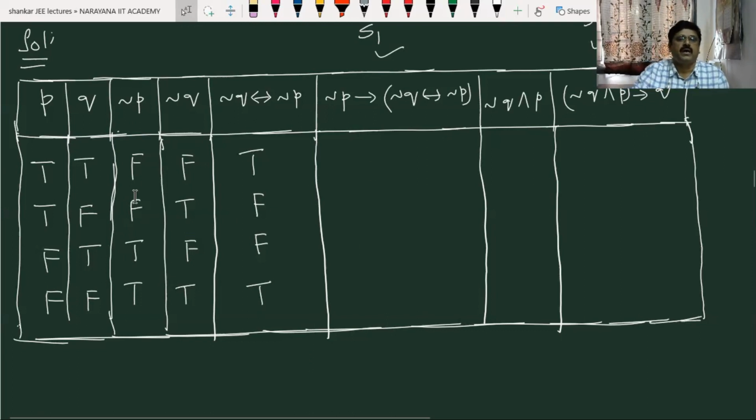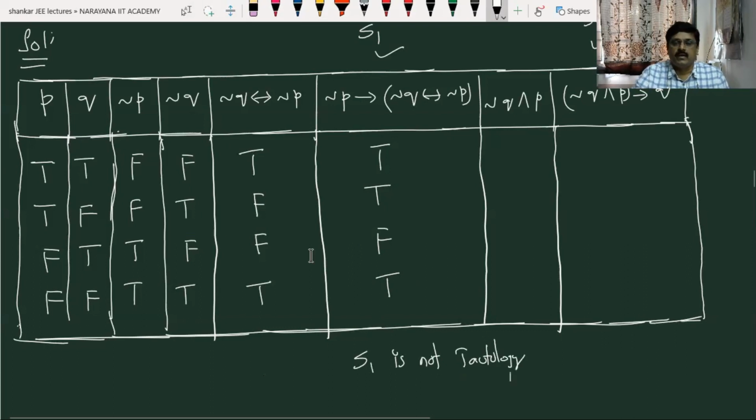F implies T, students, is T. Already you studied that in the implication table. F implies F is also T. Next, T implies F means F, students. And T implies T is also T. So why is it not a tautology? Because all are T's except this. So S1 is not a tautology.